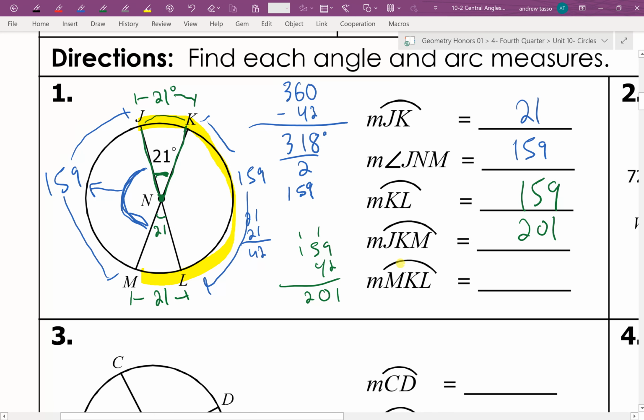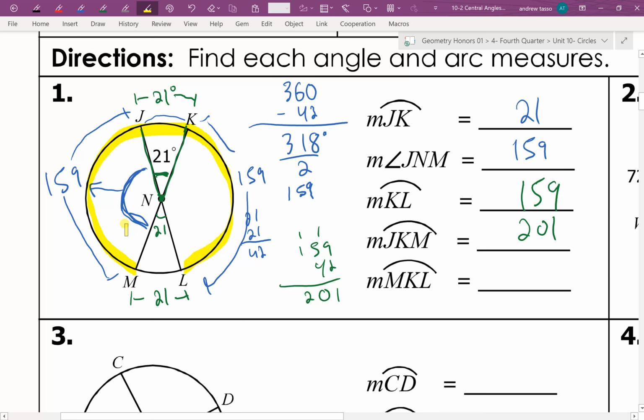Next we have arc MKL. So let me just remove this one. Arc MKL. So we start at M, we start going towards K, which we're not really sure which way to go until we realize that L is the last letter. So notice that if I tried to go toward the right from M, I'd go to M, then I'd go to K, and then to get to L, I have to wrap around all the way like a full circle and then some. So I know that's not correct.